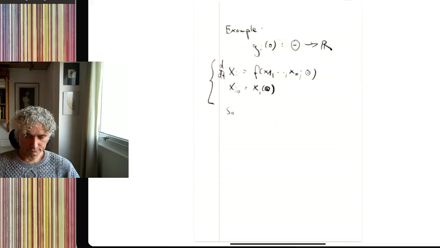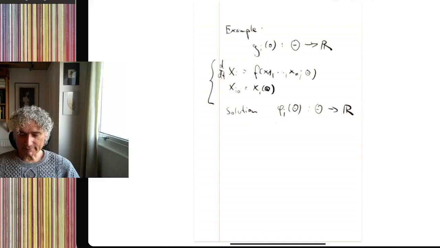will be some function, which we can call phi i of theta, which can also be interpreted as a mapping from theta to r.